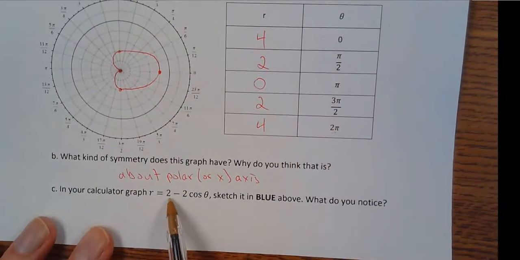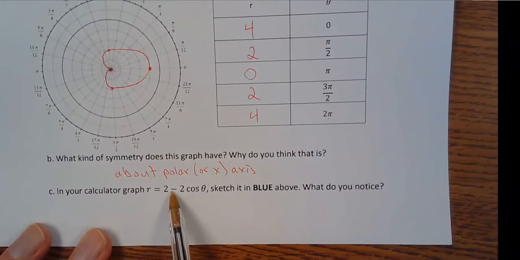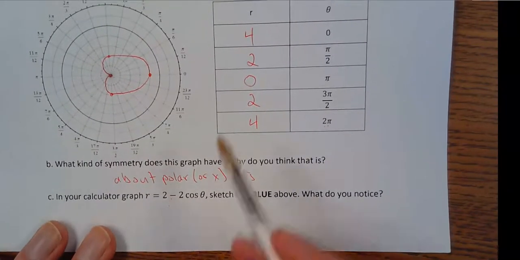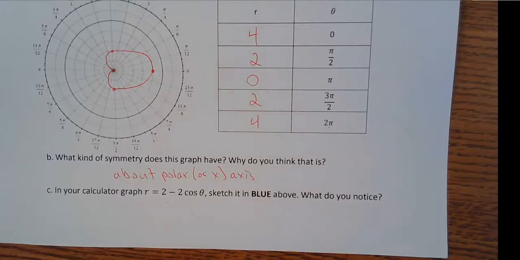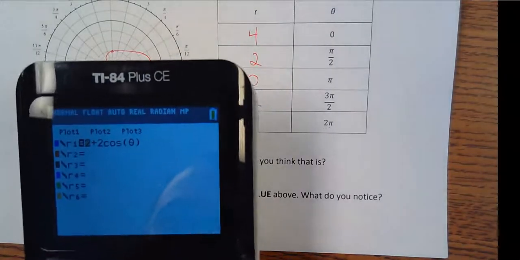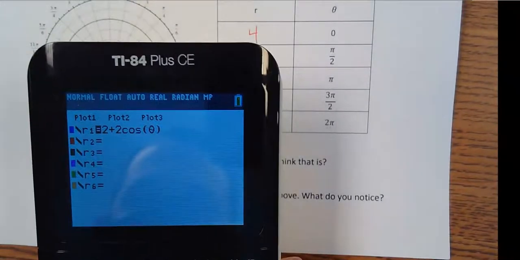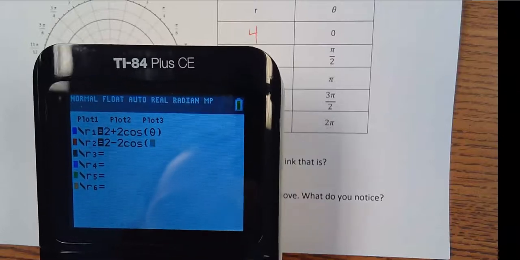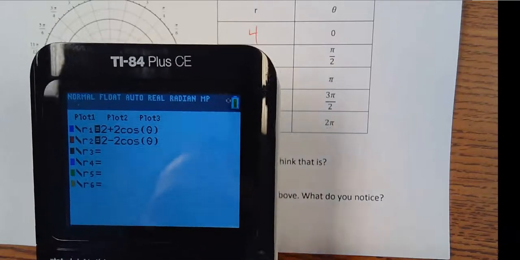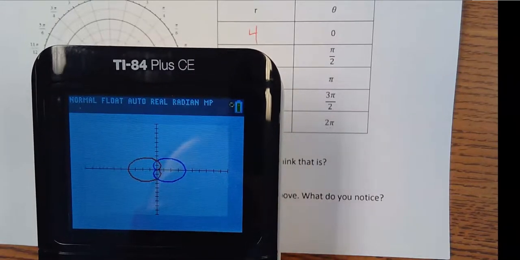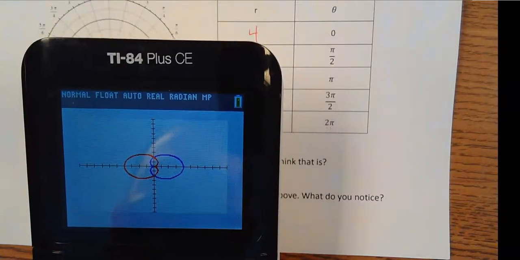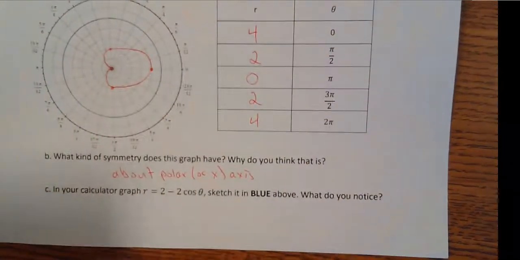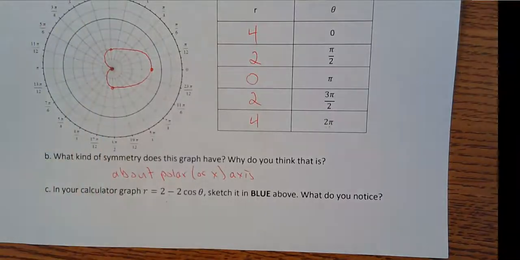Now, if you change this on your calculator to a minus instead of a plus, so 2 minus 2 cosine theta, that would reflect it across the y-axis, so it flips it the other way. I'm not going to try to draw that in the same picture. It just basically flipped over this way.